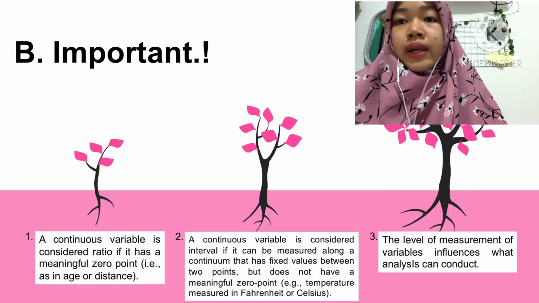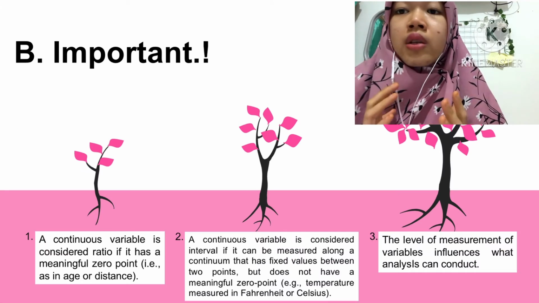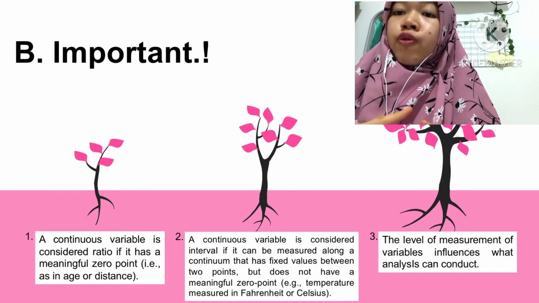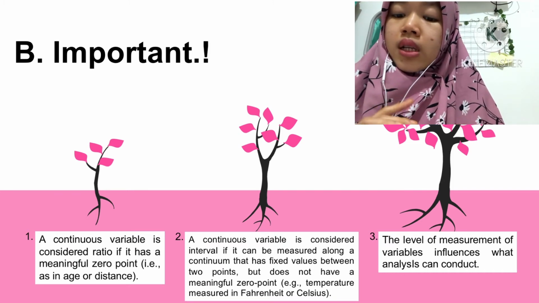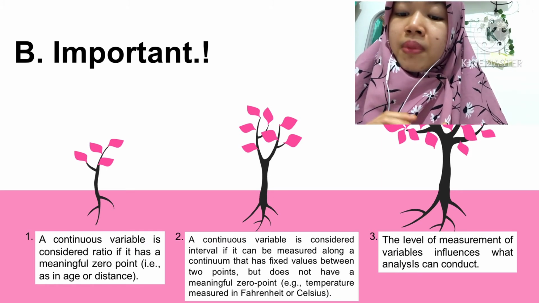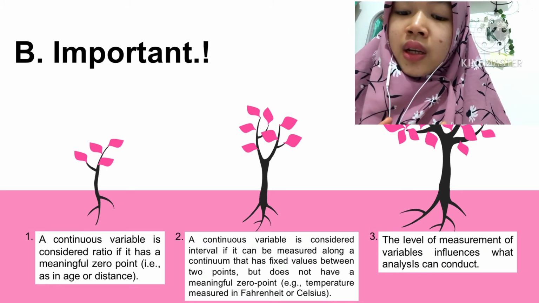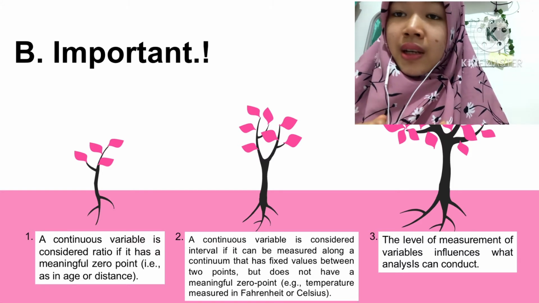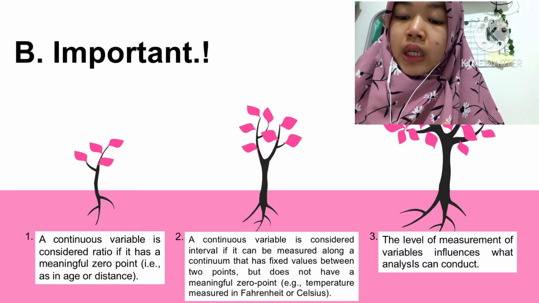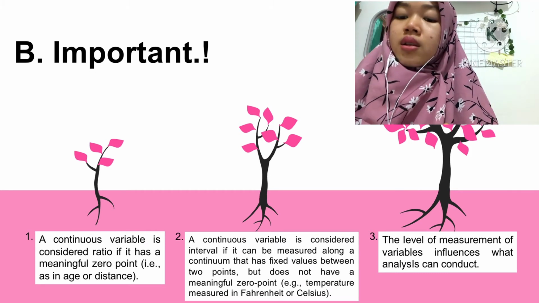Go on to the next slide, about the important things to remember when we use this type. A continuous variable is considered ratio if it has a meaningful 0 point, for example age or distance.